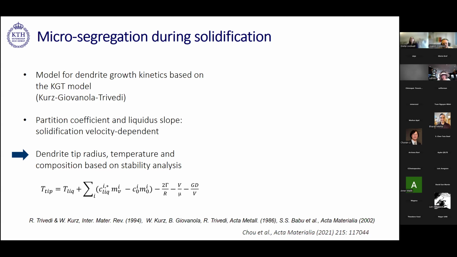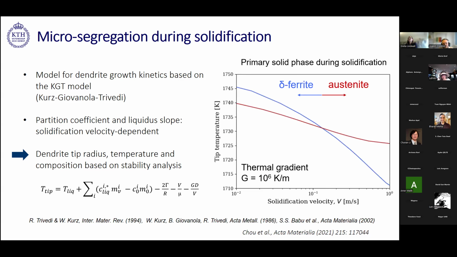In our case, we did these calculations for both the delta ferrite phase and the austenite phase. You can see the results here in terms of the tip temperature. At the lower solidification velocities, delta ferrite has the highest tip temperature and would be expected to be the first phase to form during solidification.